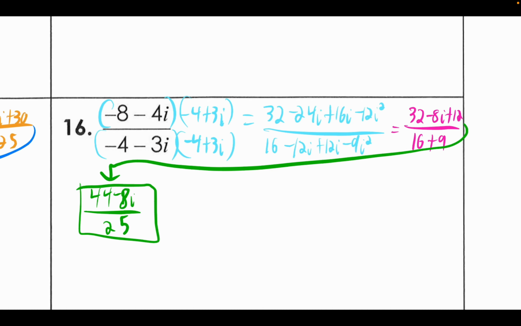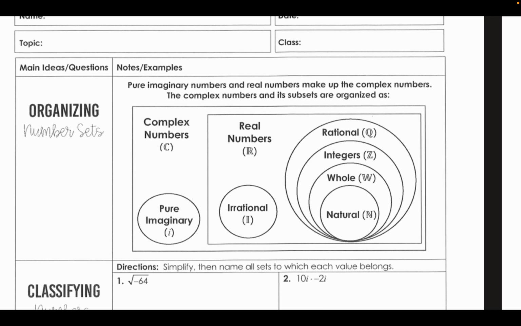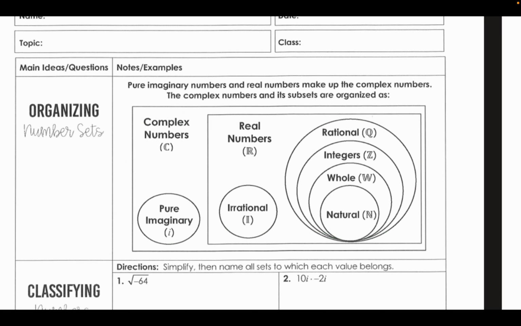Moving on to our next page here, we're going to work on classifying and organizing our number sets. So we have pure imaginary numbers and complex numbers, which are now added to the graphic we had back in Unit 1. Now, a note here, this graphic shows that the real numbers are actually part of the complex numbers. And we talked about that two lessons ago, I believe.